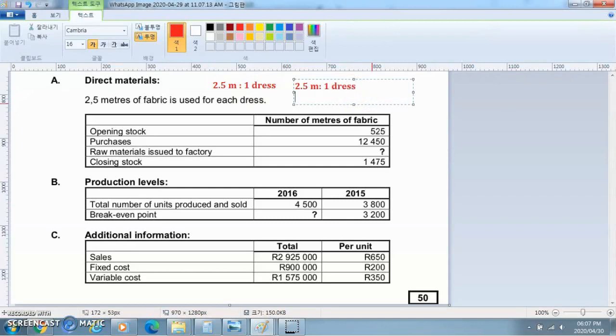Here they're telling us that 4,500 dresses were made, and how many meters were actually used? The meters used are going to be our x, obviously. To solve for x, if you cross multiply, x multiplied by 1 gives you x, and 4,500 multiplied by 2.5 gives you what?